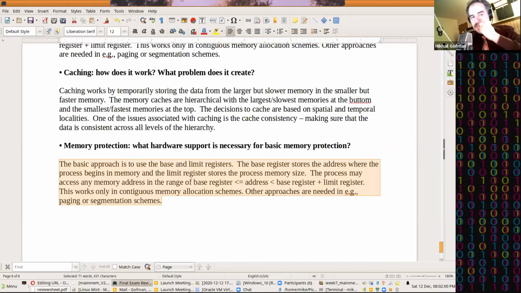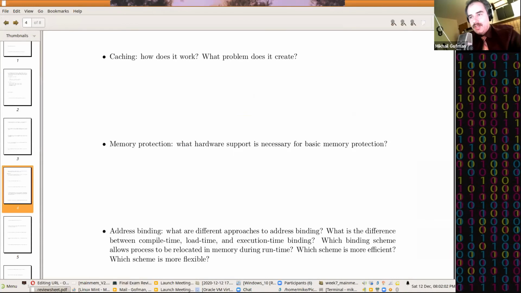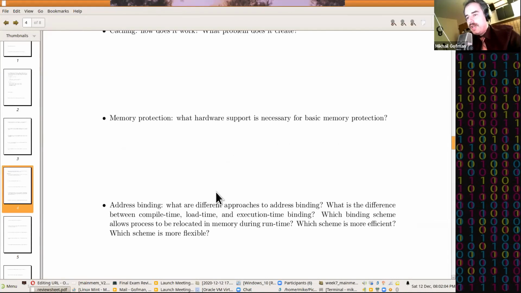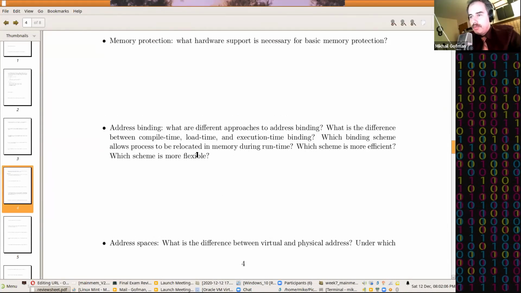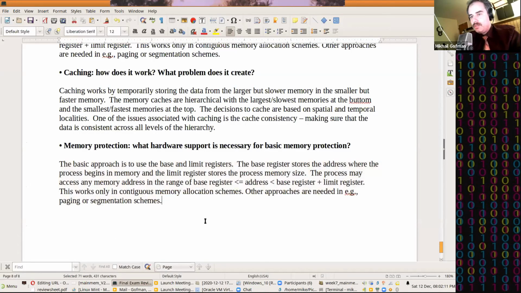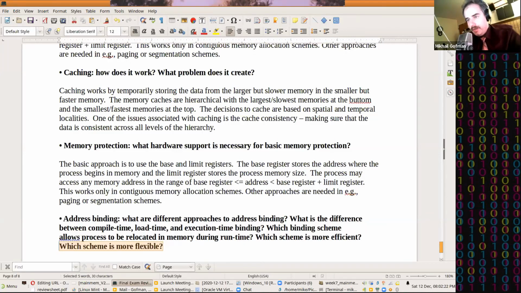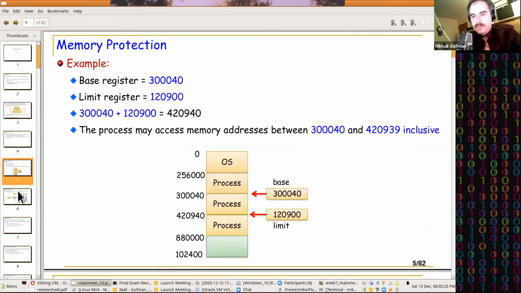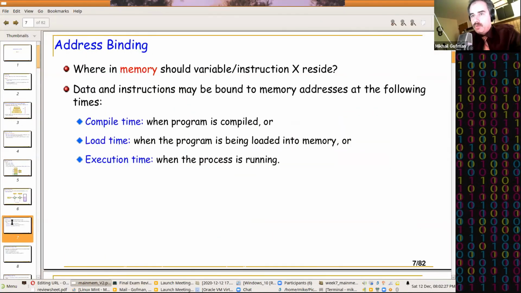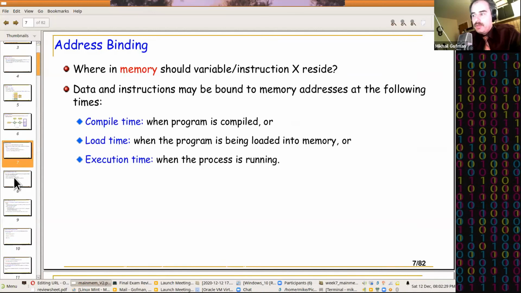And next we have address binding. Okay, so let's talk about address binding. This question consists of multiple questions, so let's address them one by one. First, let's do a high-level discussion of binding. As we talked about in class, there are three approaches to address binding.